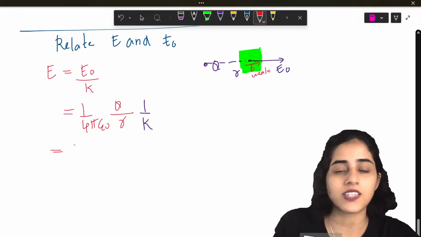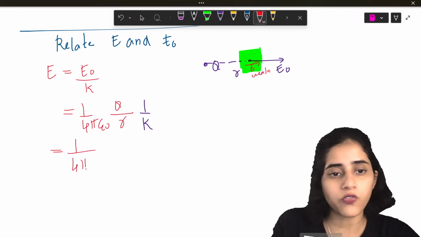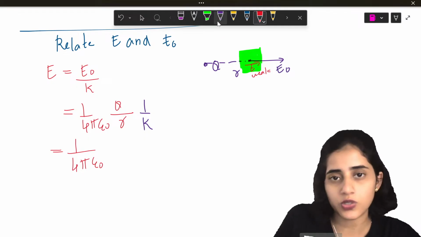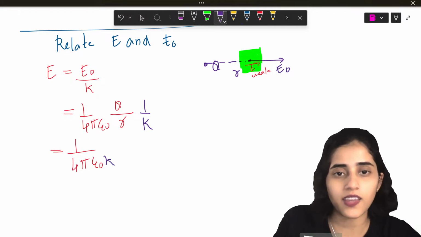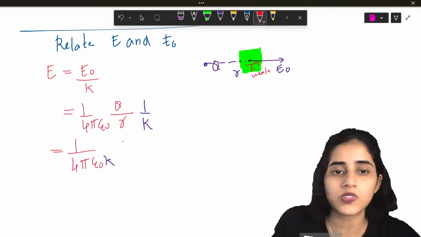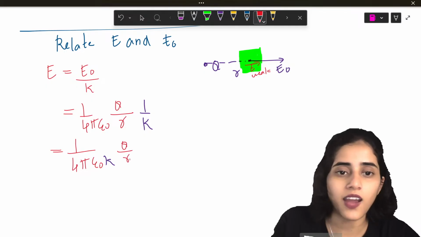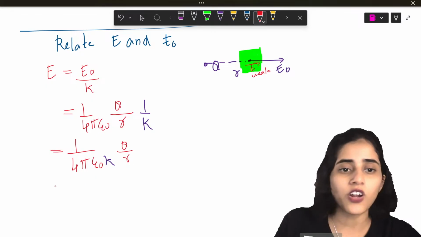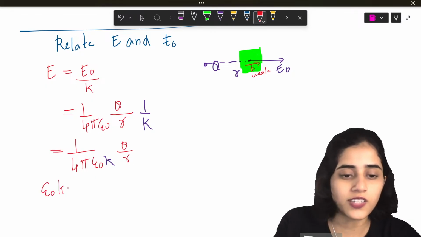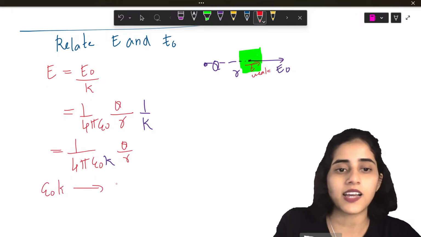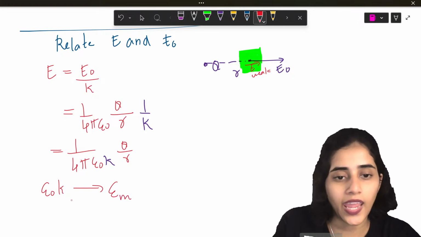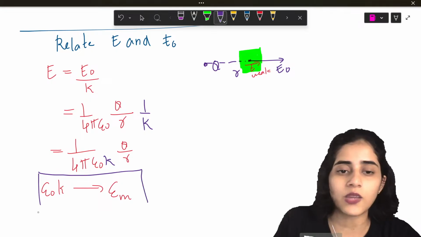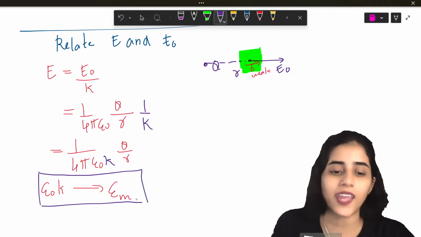So this is equal to 1 by 4 pi epsilon naught K, into Q by R. Now epsilon naught K, I will write as epsilon M.